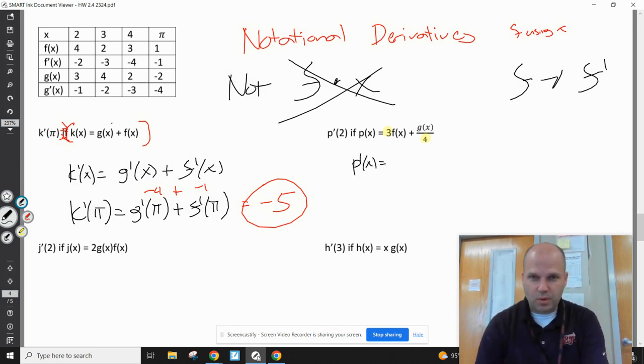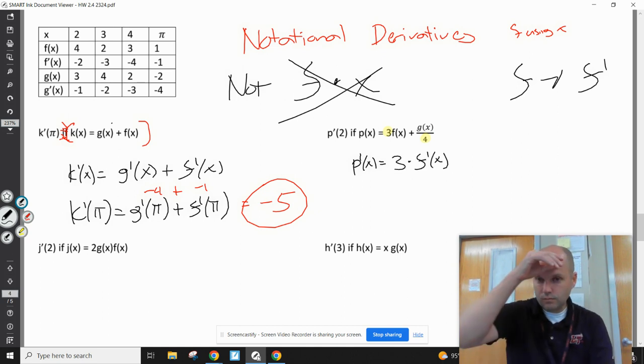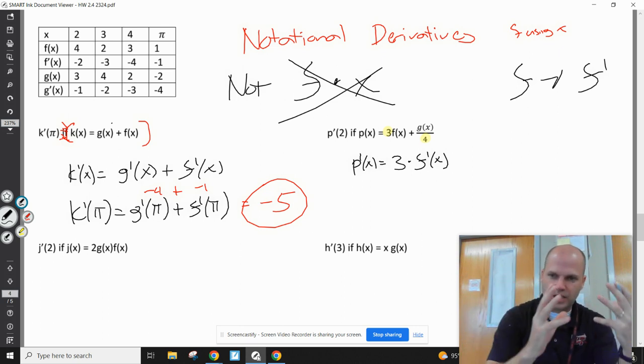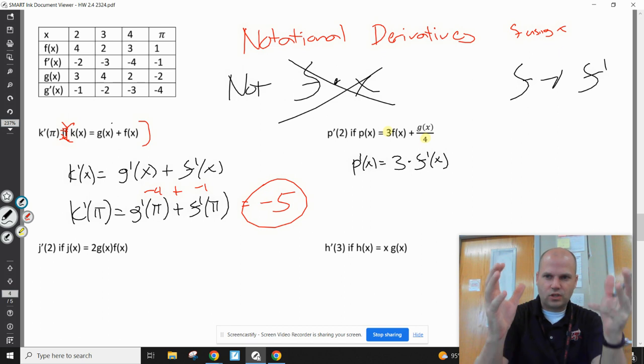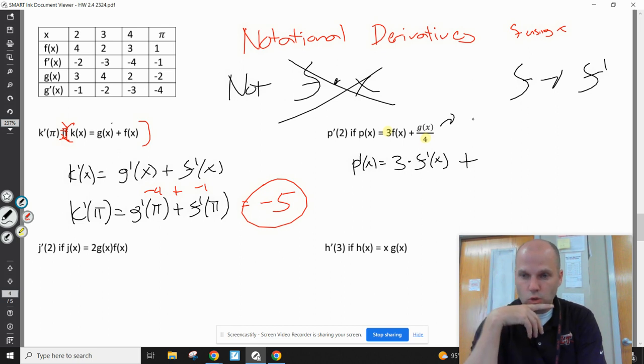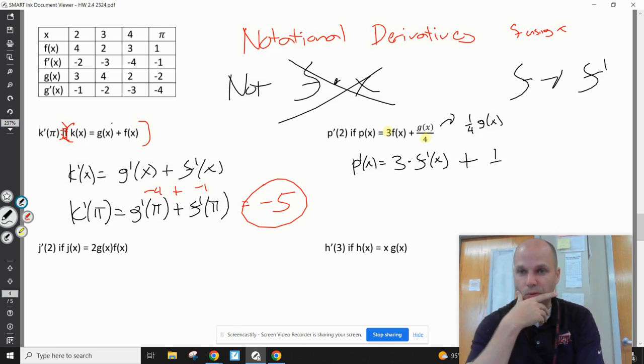The slopes of P will just be the constant 3 times the slopes of F. It's not F times X. It's F using X. F's slopes are F prime. We don't have to use the quotient rule. We could rewrite this as 1/4 times G. It's the same as G over 4. The slopes will be 1/4 times G prime.